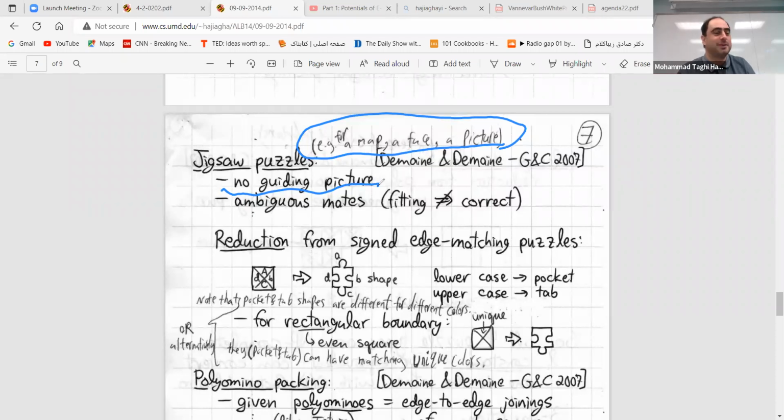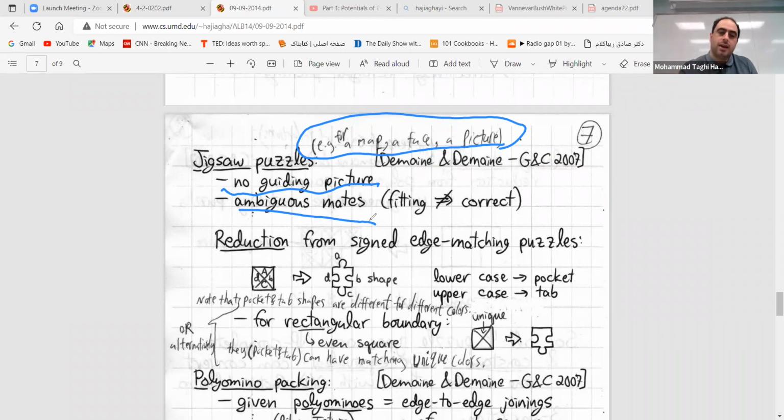Otherwise you are just solving a problem which is hard. So we are assuming there may be some ambiguity. The ambiguity can or cannot happen, but I think we don't actually need to have that in this case. Even with that, we can say it is hard.